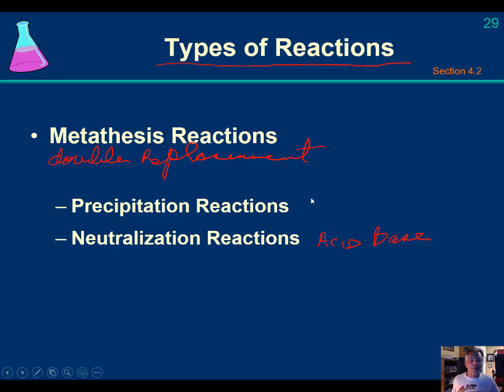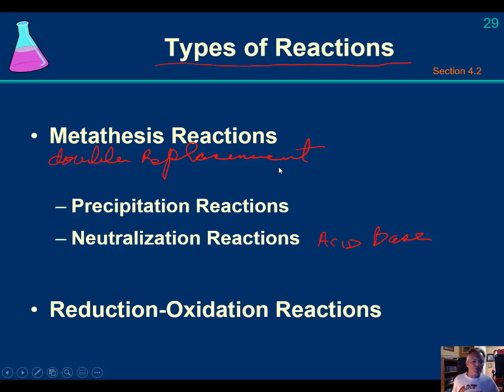All right, but precipitation and neutralization reactions are the two types of metathesis reactions we're going to talk about. And then we have reduction oxidation reactions. Sometimes those are called single replacement reactions, but oxidation is something you know of as corrosion.